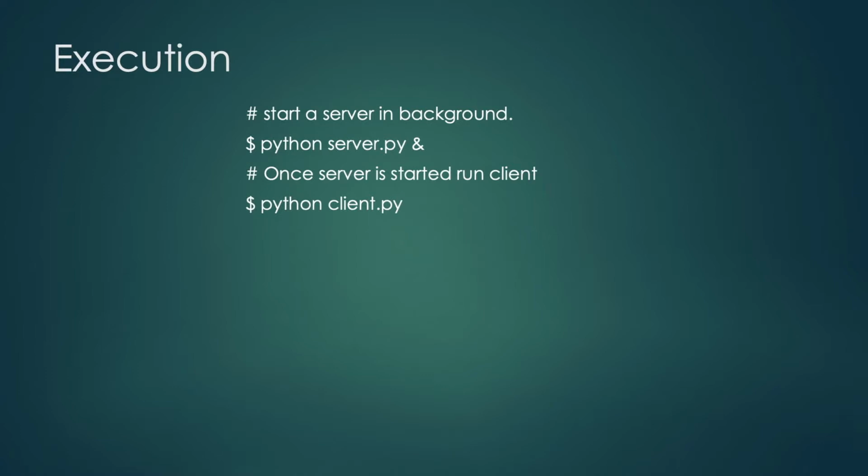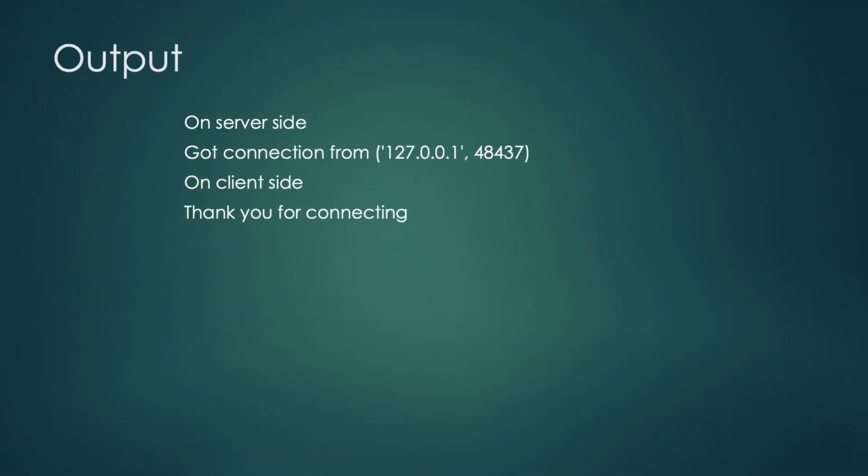After starting the server, now it is necessary to run the client program by executing the command python client.py. So, the output of this client server program will be on server side got connection from 127.0.0.1 and the port number, and on the client side thank you for connecting.